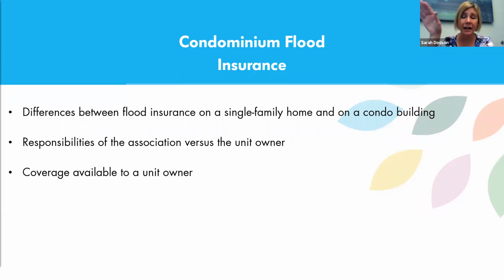along with higher limits. If it's a single family home, FEMA only covers up to $250,000 of dwelling coverage, but with a condo, it's higher limits. I'll get to that in a minute. Coverage extends to the building itself, so the dwelling and the common areas.